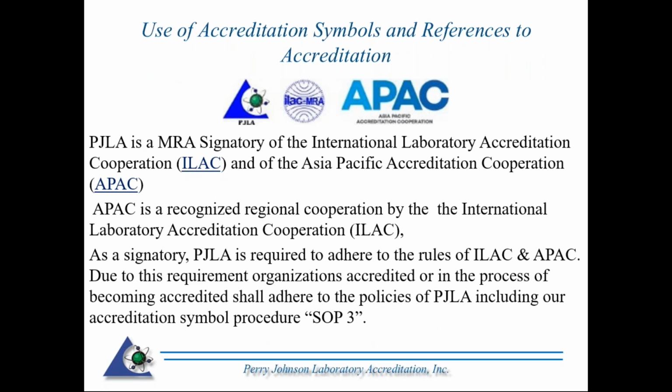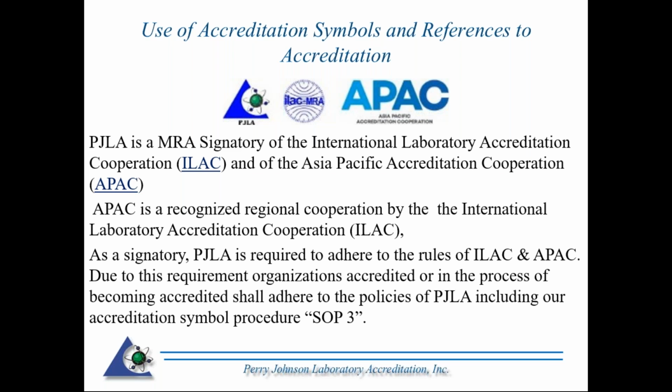So Perry Johnson Laboratory Accreditation, often referred to as PJLA. We are an MRA, Mutual Recognition Agreement, signatory of the International Laboratory Accreditation Cooperation, better known as ILAC, and also of the Asia Pacific Accreditation Cooperation, also known as APAC.